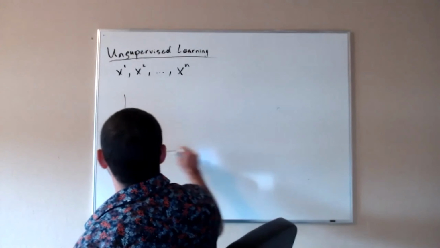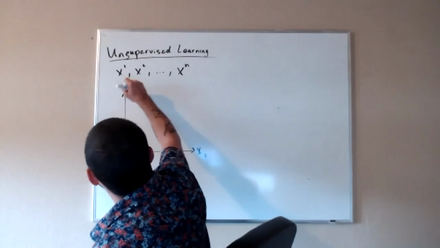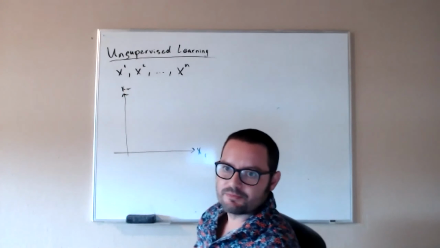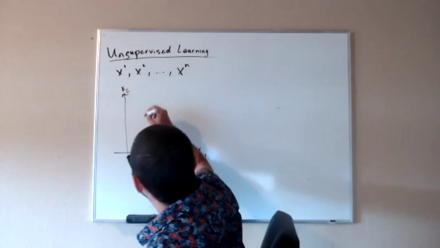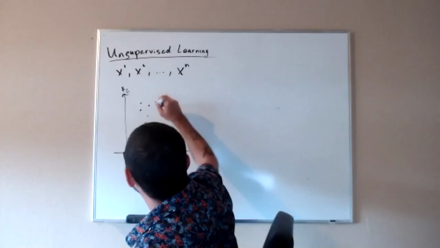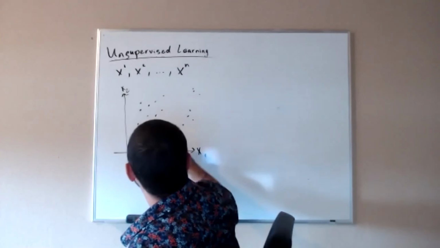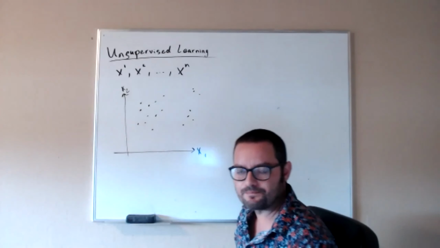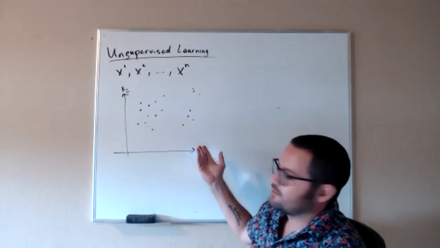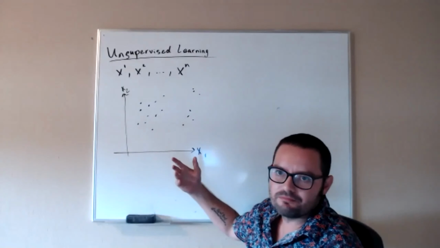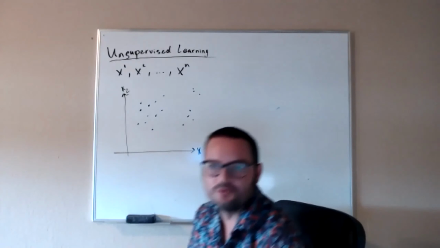if you have two features, say x1 and x2, and you just plot the data, something like this. If you don't know the labels ahead of time, how can you cluster this data and form your own labels?